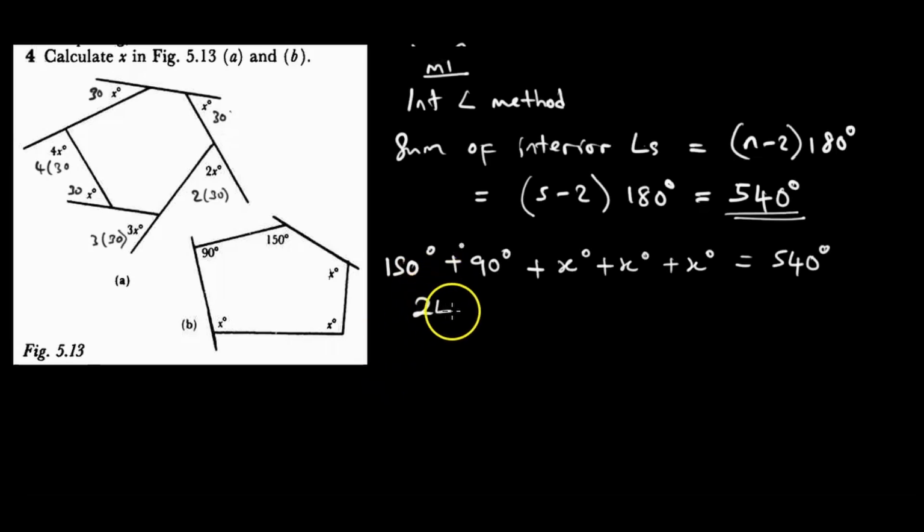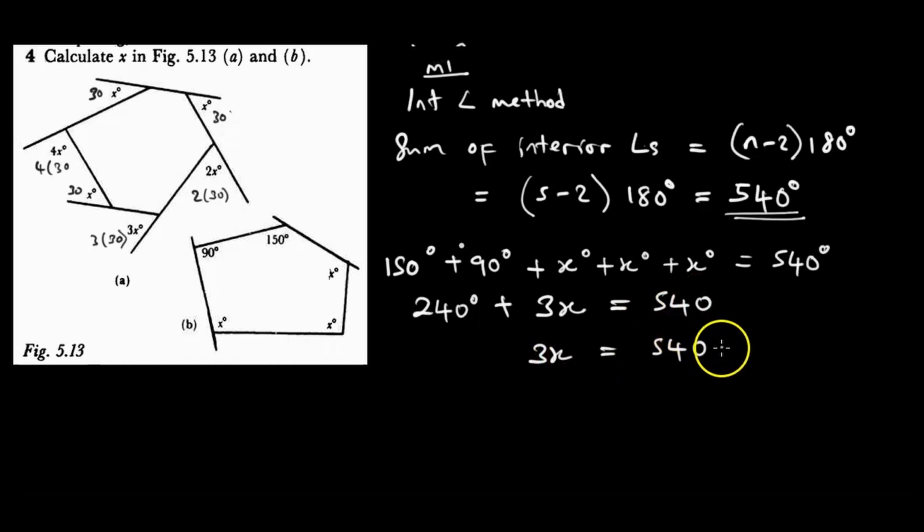So we have 240 degrees here plus x plus x plus x, that's 3x, is equal to 540. 3x is equal to 540, subtract 240. And what is 540 minus 240? 300. So here, 3x is equal to 300.